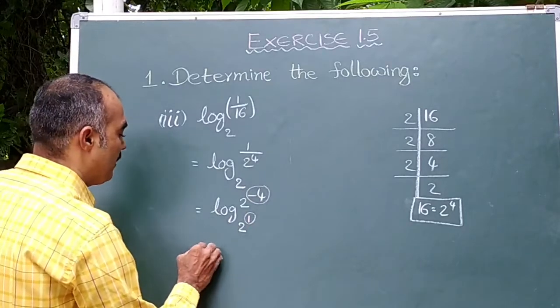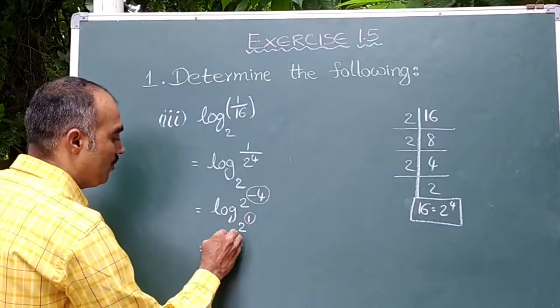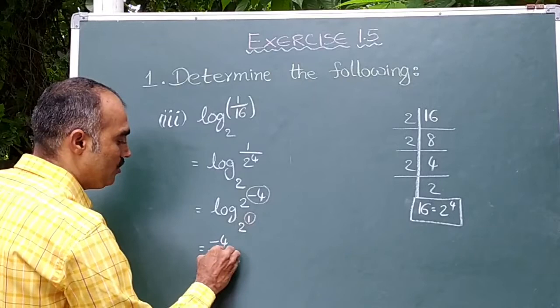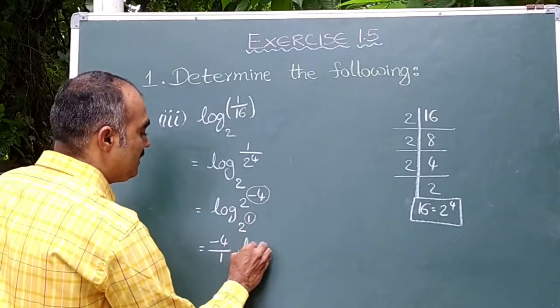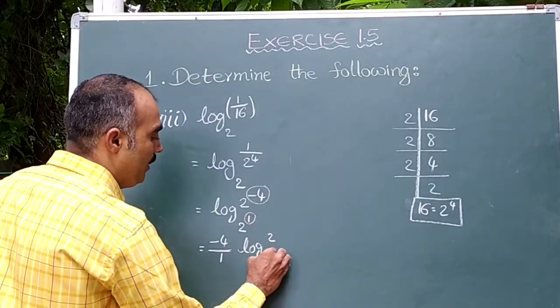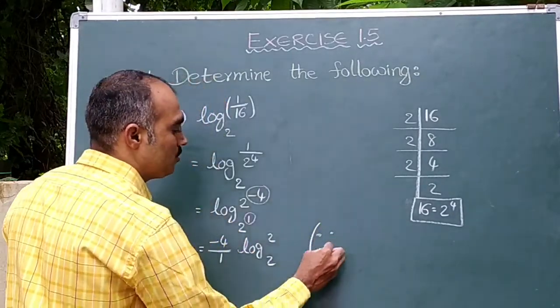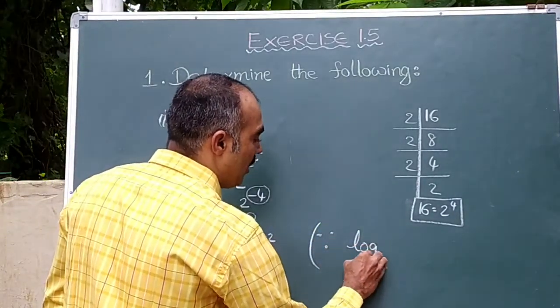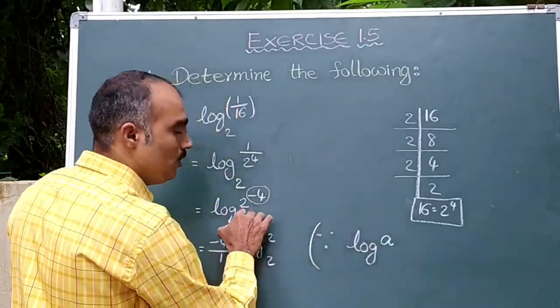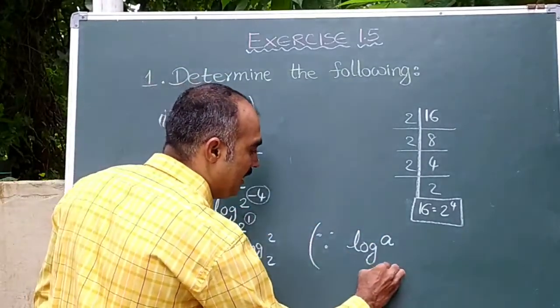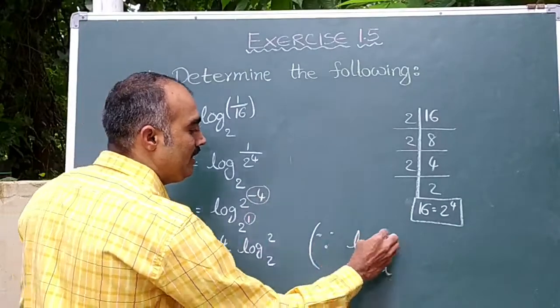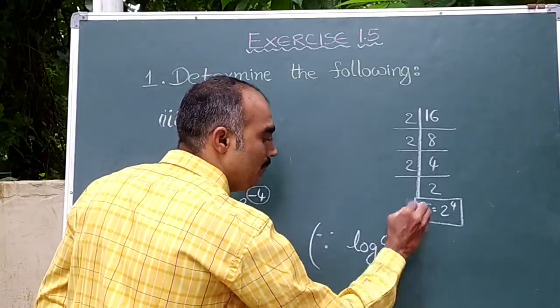So here what will happen, this minus 4 comes forward, and this 1 also comes forward. Here it is log 2 base 2. For your information, I am writing the formula also. We can write it as log, see, 2 is a, here also 2 is a. Now these two powers are different, so I am taking different alphabets m and n.